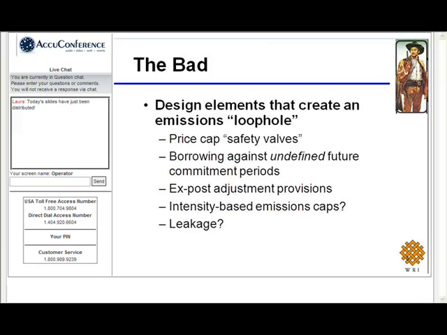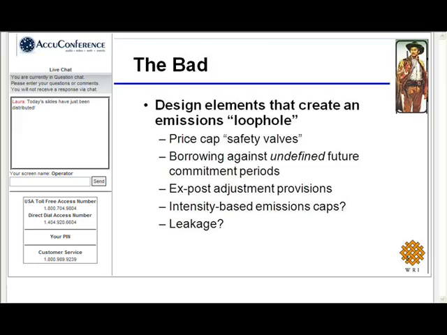Another consideration that comes up is linking an absolute cap system to one that caps based on emissions intensity. That is, you could have a system that caps not absolute emissions, but the emissions per dollar of GDP or a similar metric, so that emissions will go below what they otherwise would have been, but the absolute level of emissions can continue to rise.